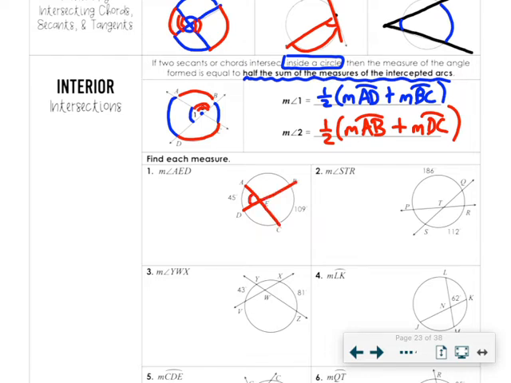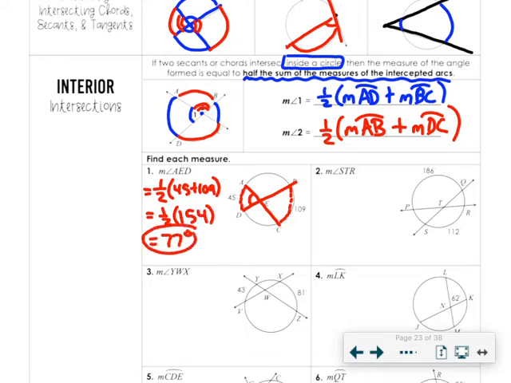This angle is going to be equal to 1/2 of the two arcs formed by those lines crossing, so this 45 and this 109. So 1/2 of 45 plus 109. This is how it works when chords intersect. This is 1/2 of 154, which is just 77 degrees. So either side of angle E right there would be 77.